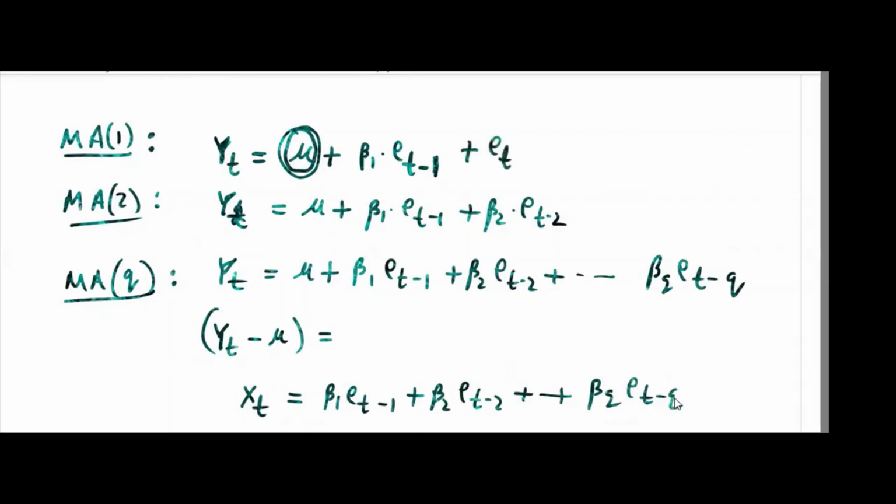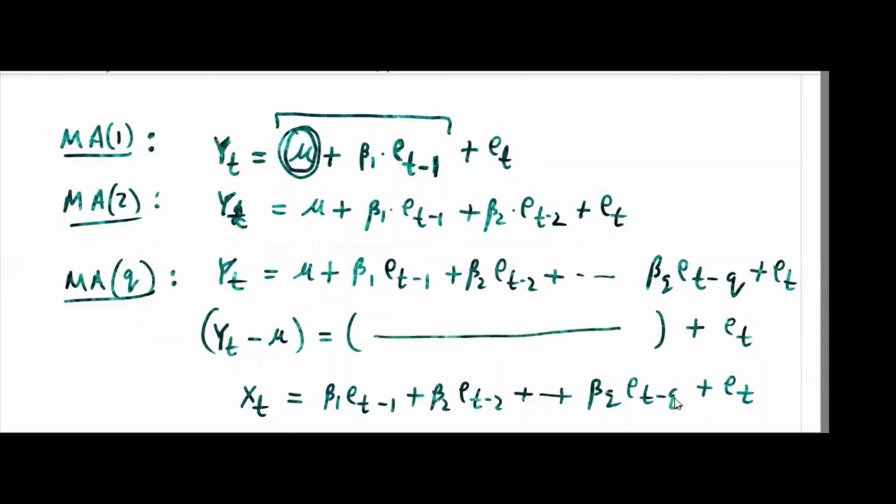This is the stochastic part. This is the deterministic part. Though there is error, but this is past error. This we know already. The stochastic part I have to write everywhere. So this is MAq model. So if I write y(t) minus mu as x(t), e(t) will be here, plus all other terms I have already written here, okay.